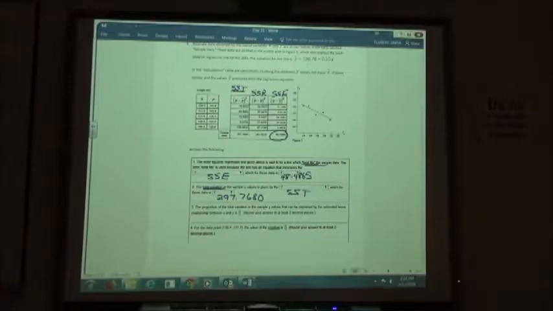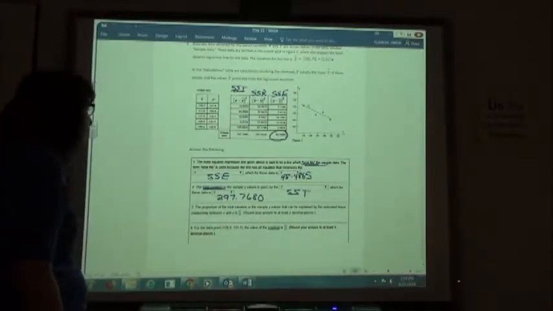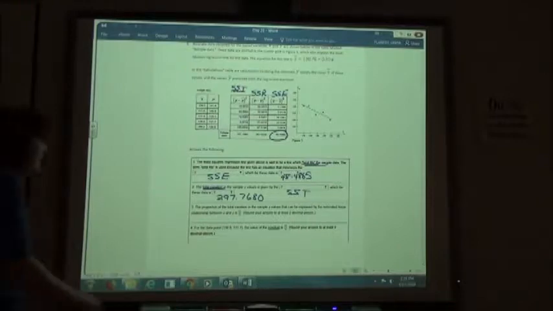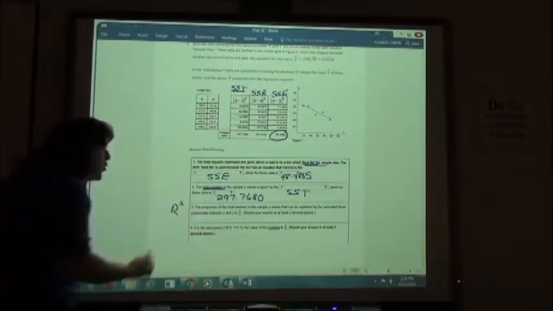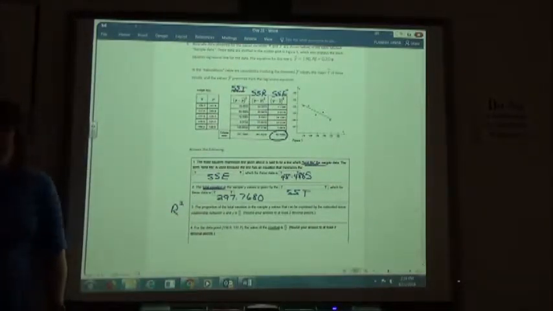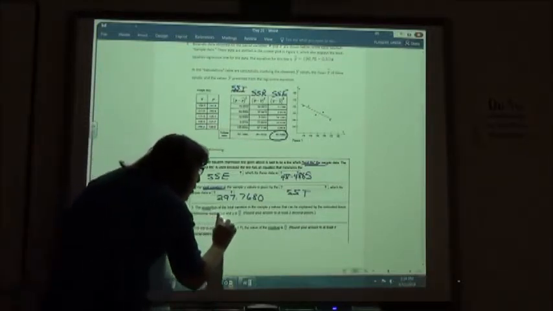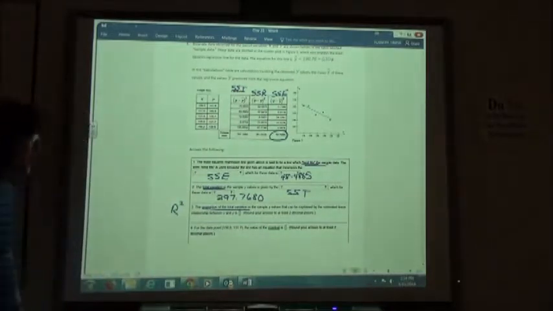Next, we're going to do the proportion of the total variance in the sample values that can be explained by the estimator linear relationship of x and y. Again, that proportion is the same thing as when they ask for r squared. So 2 different ways they might ask it. Either they're going to ask for r squared, which is the proportion of the total variation. So proportion, I'm going to set up my fraction.